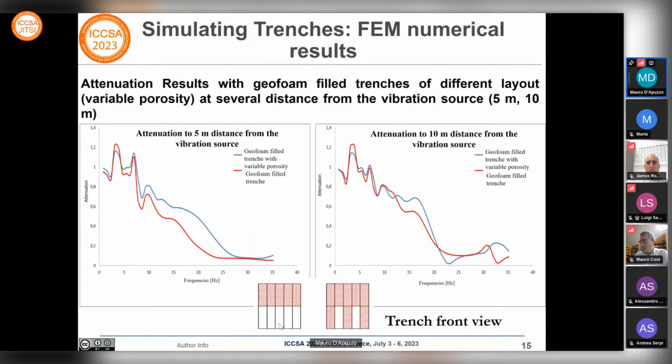Whereas another simulation that we implemented with our FEM propagation model is mainly related to the trench layout.